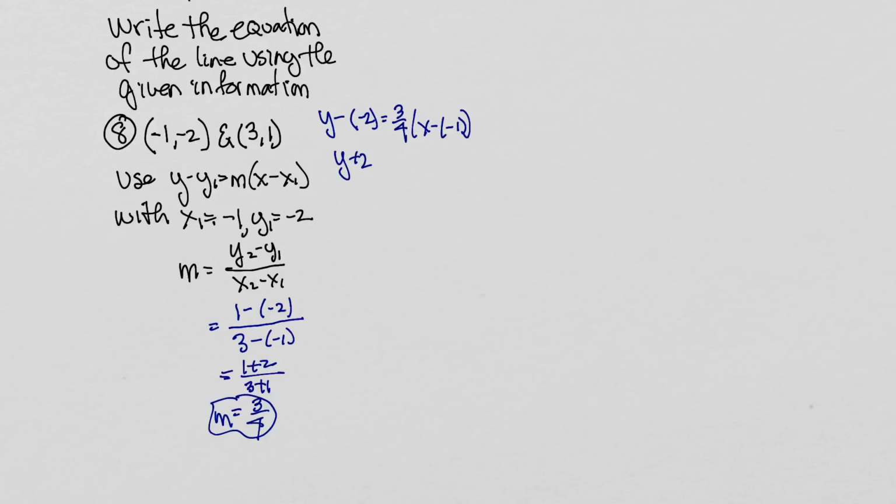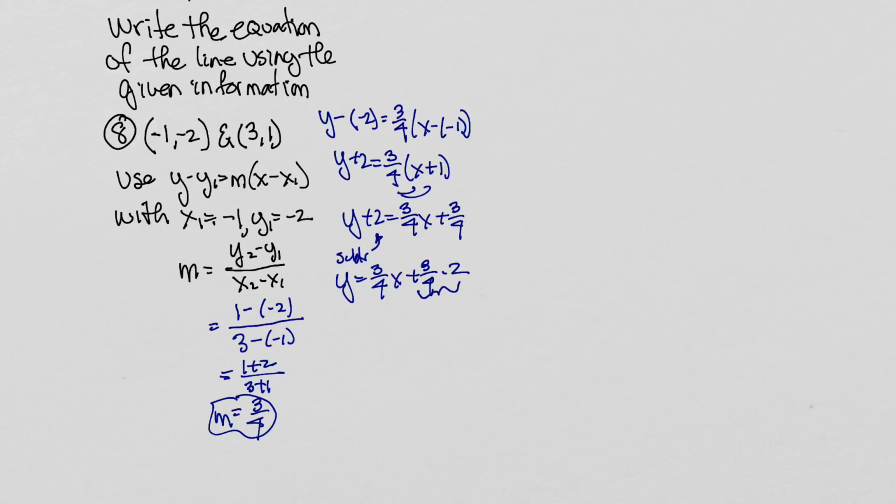How about y plus 2 equals 3/4 x plus 1. And now distribute. We'll get y plus 2 equals 3/4 x plus 3/4. And now what we need to do here is to subtract that 2. So we'll get y equals 3/4 x plus 3/4 minus 2.